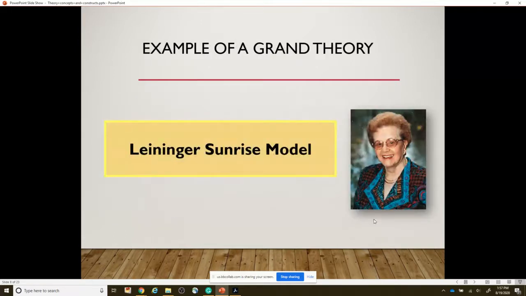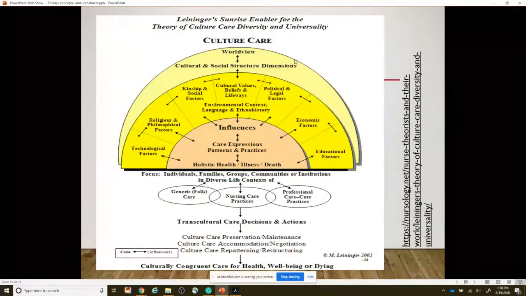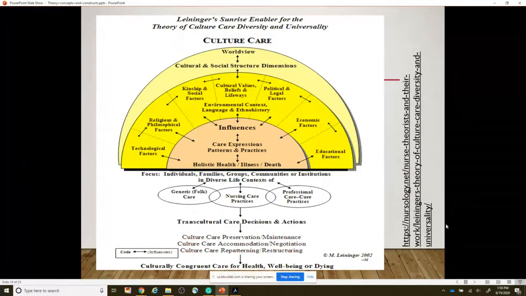An example of a grand theory is Leininger's sunrise model. Note the broadness: this sunrise model deals with culture care. And this over on the right is just the citation of where you can find that, if you want to learn more specifically about this model. But you'll notice in this particular model, you start with a worldview.